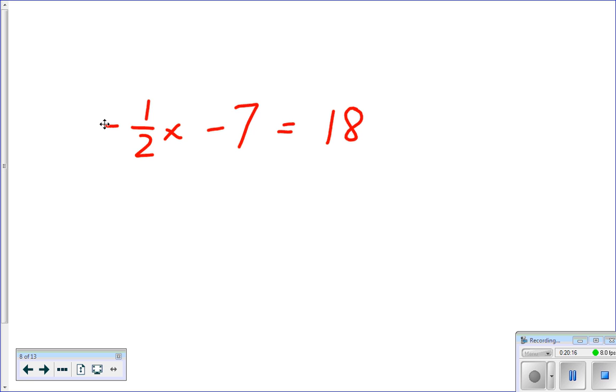And then that last step is exactly what you would have done yesterday. To the other side. We're adding, not subtracting, you goof.